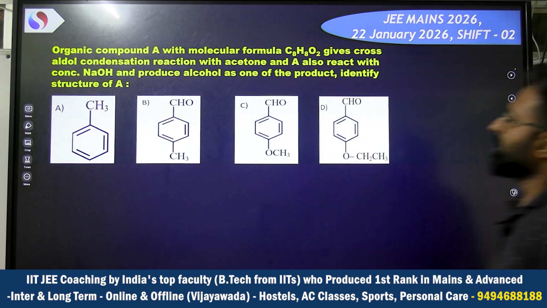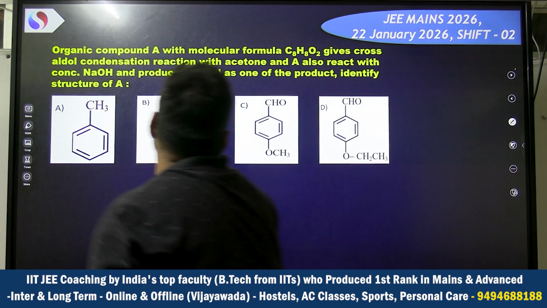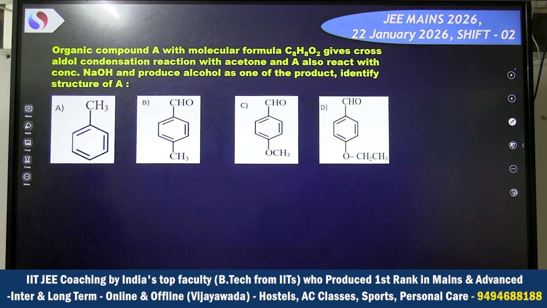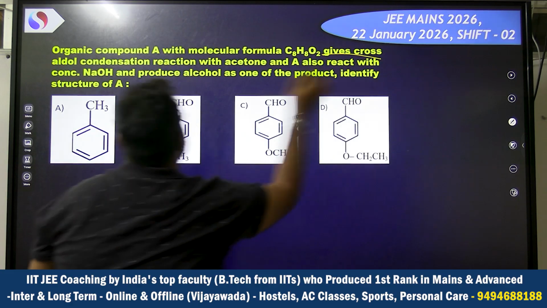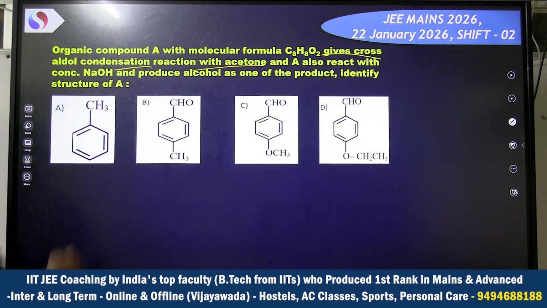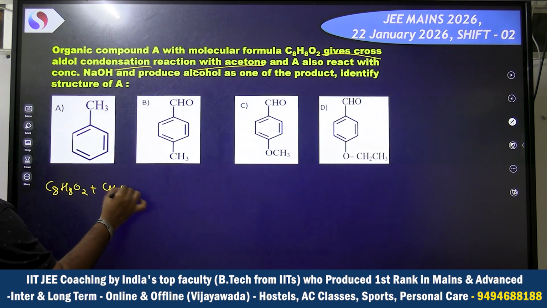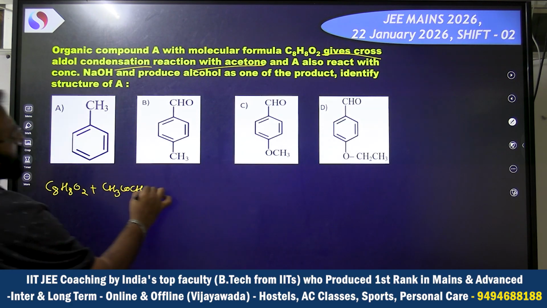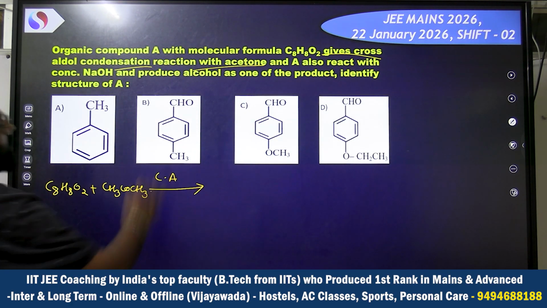Next question. Organic compound A with molecular formula C8H8O2 gives cross-aldol condensation with acetone. So there is a compound C8H8O2 plus acetone, this gives a cross-aldol.